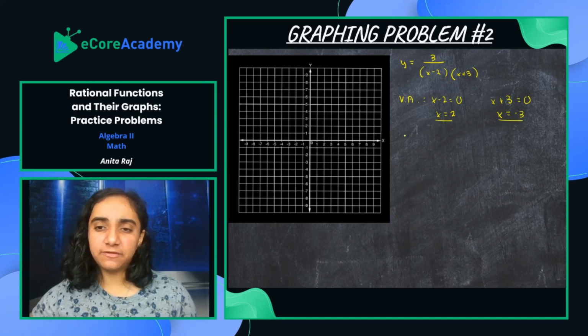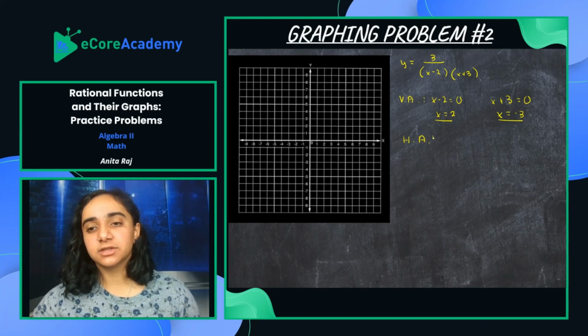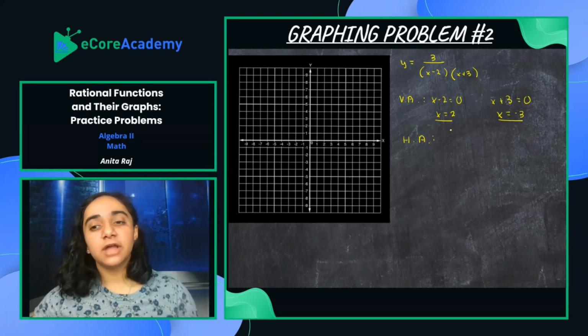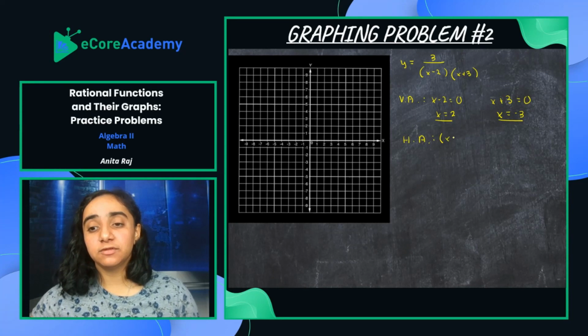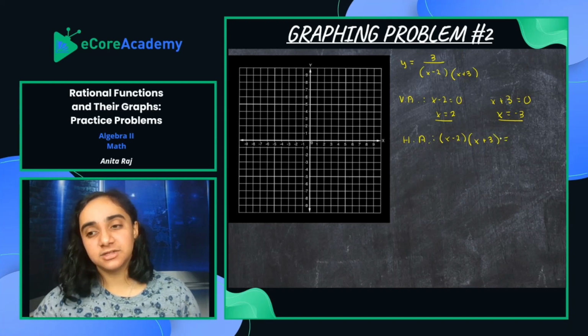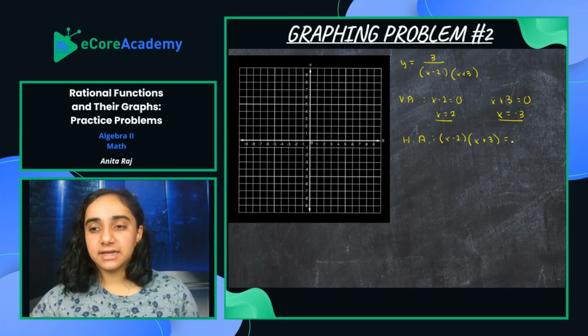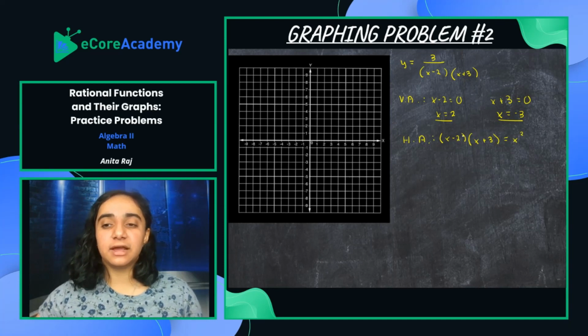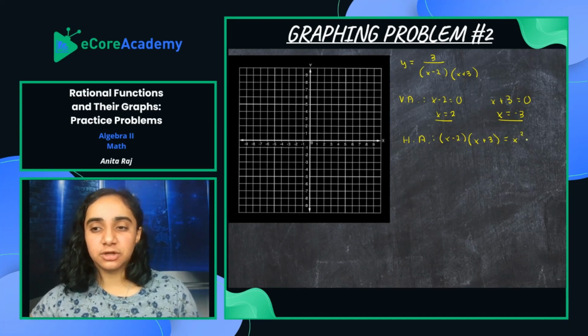Afterwards, we're going to go about finding the horizontal asymptote. In this case, we have to compare the degrees of the numerator and denominator. To do that, we have to FOIL the denominator, so we have to multiply it out. If we multiply x minus 2 times x plus 3: x times x is x squared. x times 3 is 3x, minus 2x is just x, plus x, and then negative 2 times 3 is negative 6.